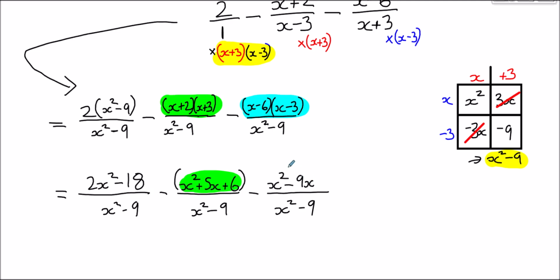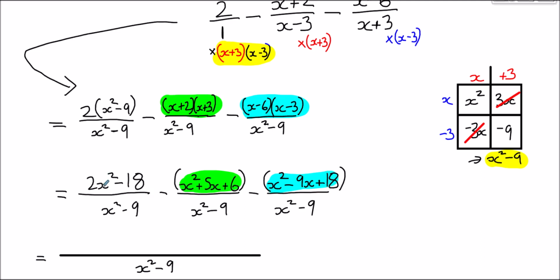But then finally, what I'm going to do here is minus 6 times by minus 3, which gives me positive 18. So again, what I can do is think of this all in big brackets, and now we can very carefully think about combining all of this into the same common denominator all over x squared minus 9. Taking particular care with the negative signs.